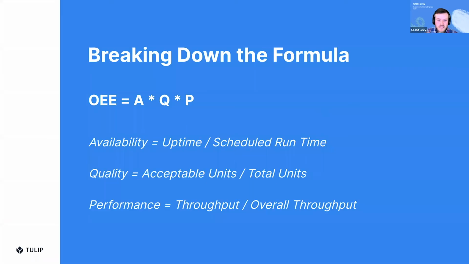Availability is the running time spent on a machine divided by the scheduled runtime. So if you were scheduling a machine for an 8-hour shift, but you're only able to run for 6 hours, you'd be looking at 75% availability.